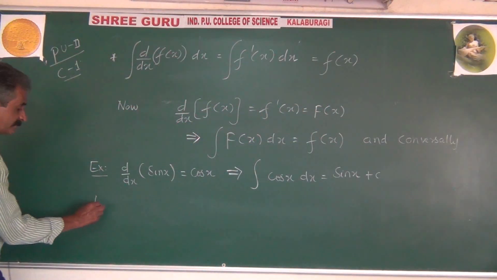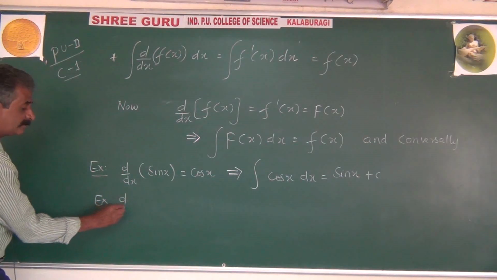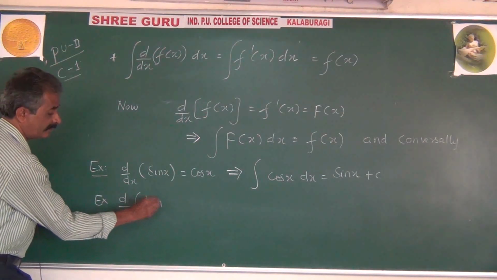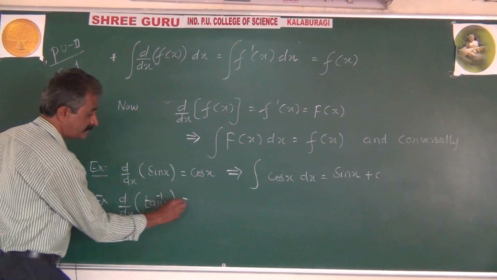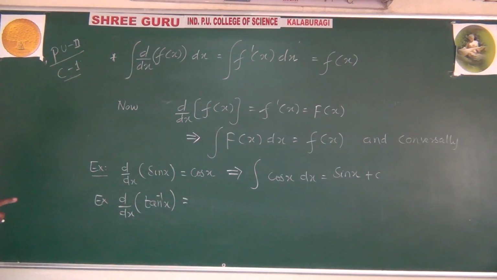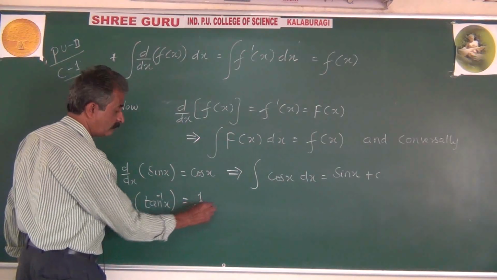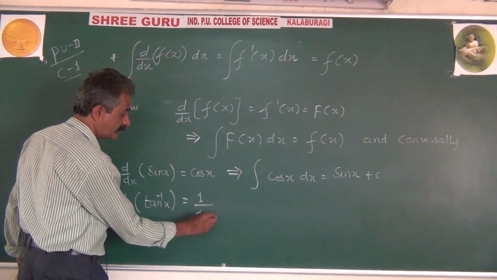Similarly, another example, we know that d by dx of tan inverse of x, from earlier days, the derivative of tan inverse x was found as 1 divided by 1 plus x square.